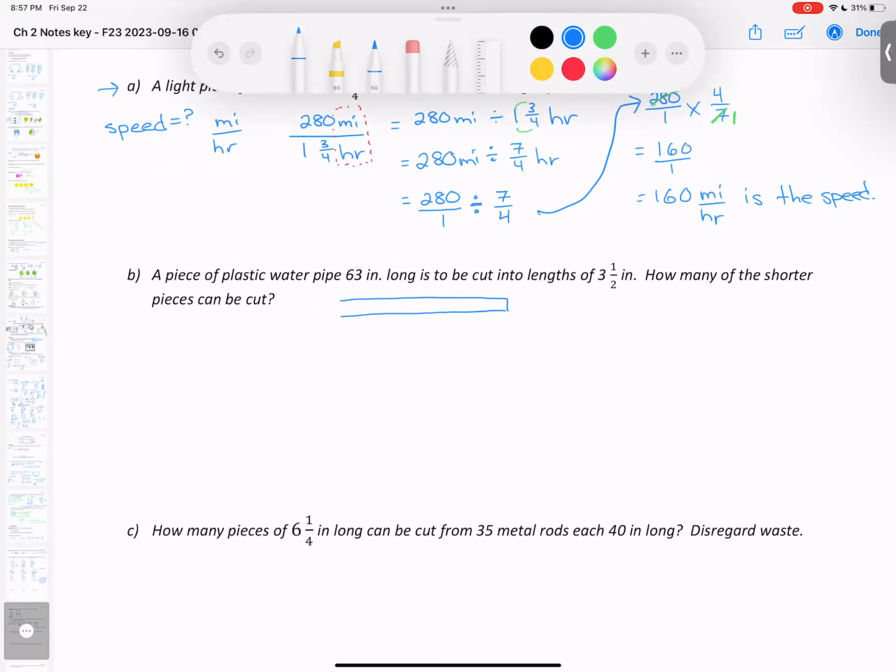It's 63 inches long, so from here to here we've got 63 inches. Okay, and we want to cut this pipe into pieces that are each going to be 3.5 inches long. So each of these pieces we cut is 3.5 inches.